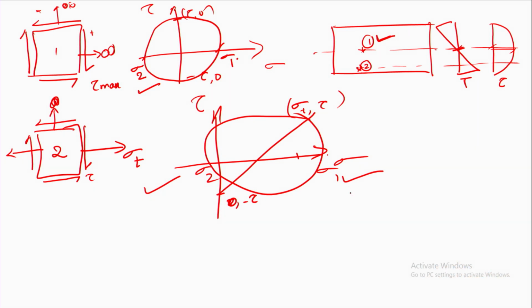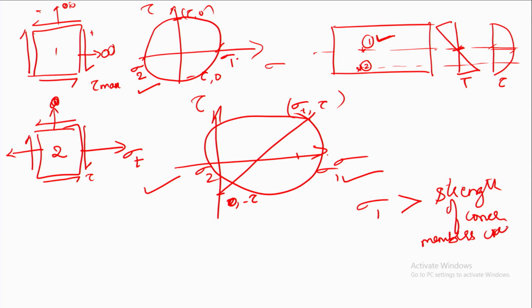When the principal tensile stress is greater than the strength of the concrete, the member cracks, right. After cracking, then only the load will be transferred from concrete, or the redistribution of the stresses from concrete to steel will occur.